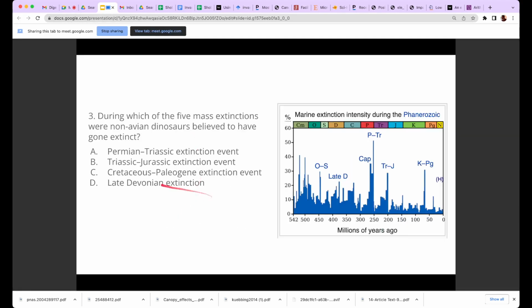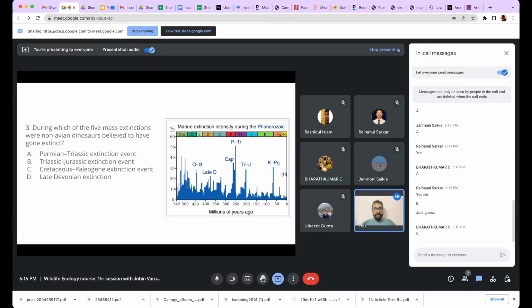Permian Triassic is this period that you see over here. Triassic Jurassic is this over here. Cretaceous Paleogene is this over here, and late Devonian is this. Bharat Kumar says C. Raihanul says B. Okay. Anybody else?